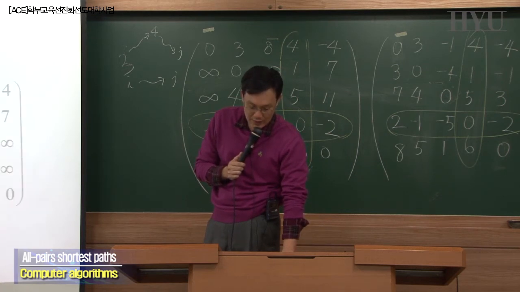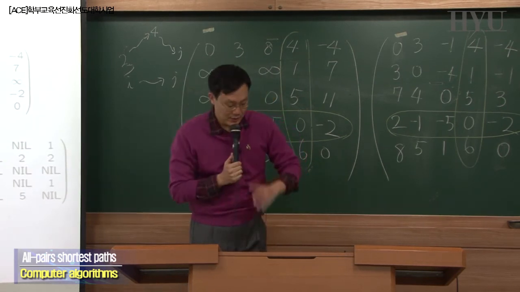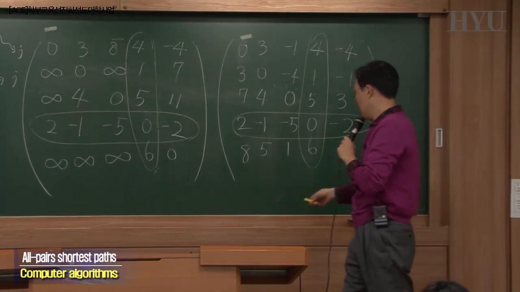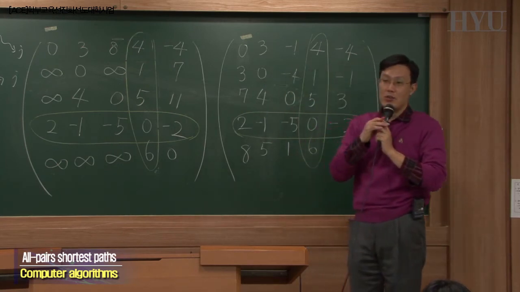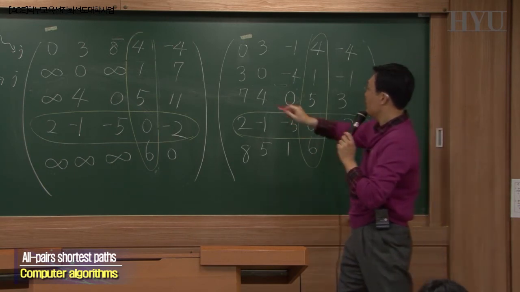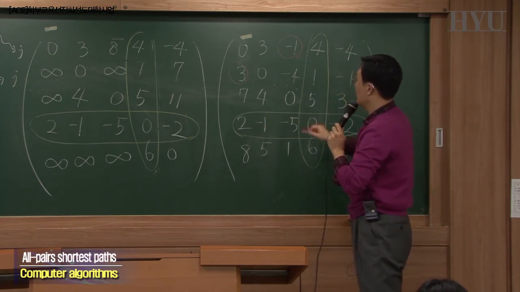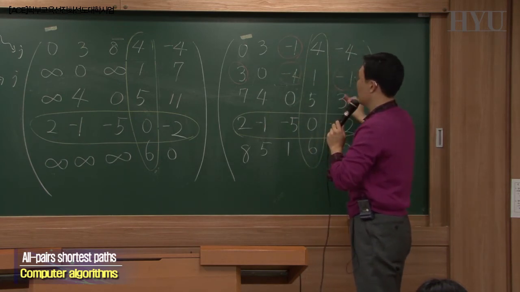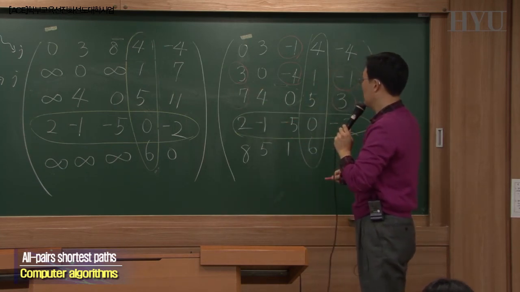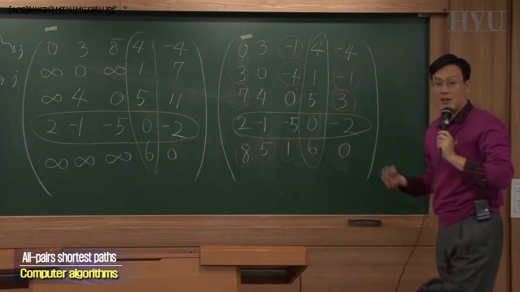And then the last one, the table pi. Let's look at the changes in this table. Which values are changing? This, and this. Okay, there are changes.